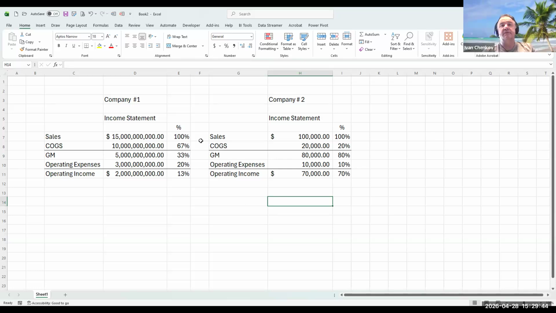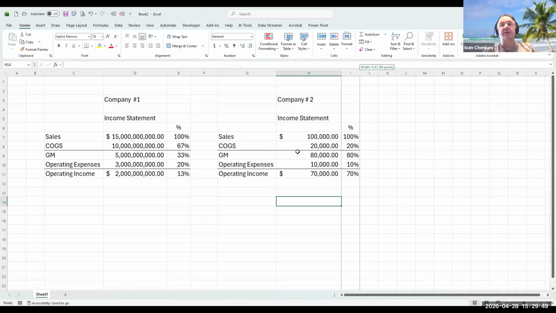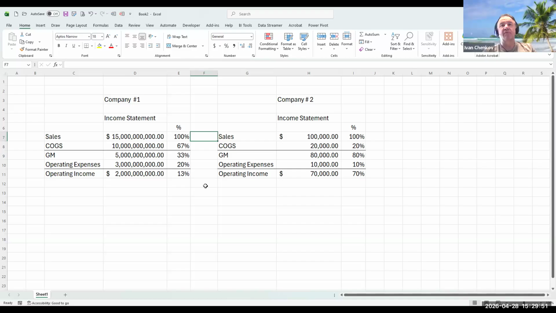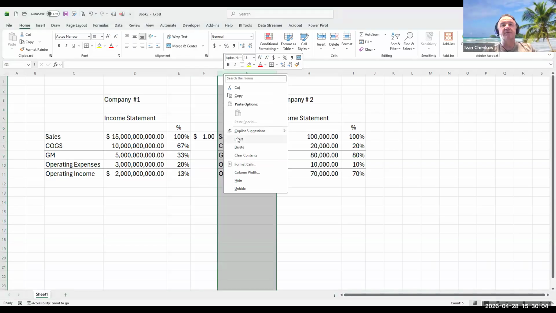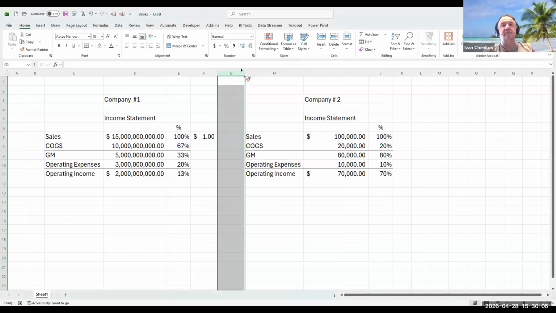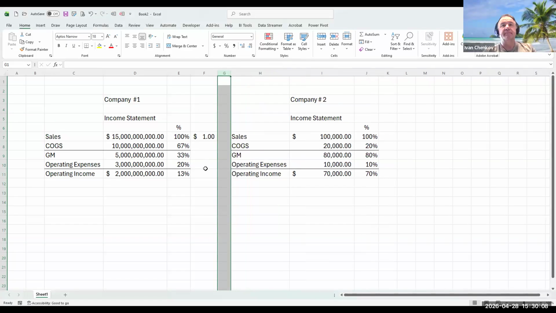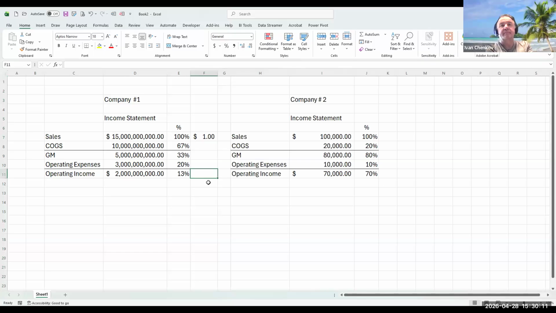So what these percentages mean is very simple. If company one generates $1 of sales, how much operating income are they going to get from that dollar of sales? Only 13%, correct?